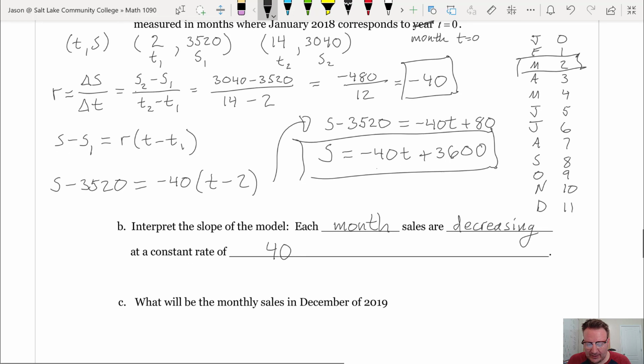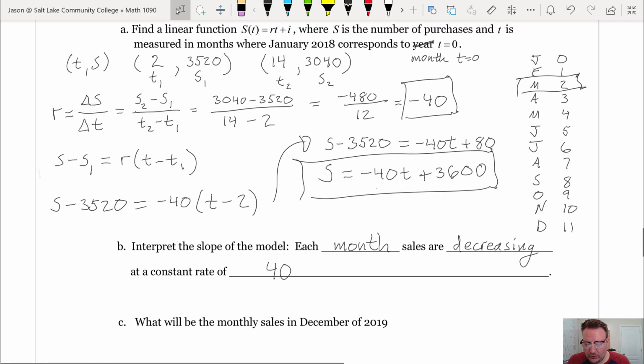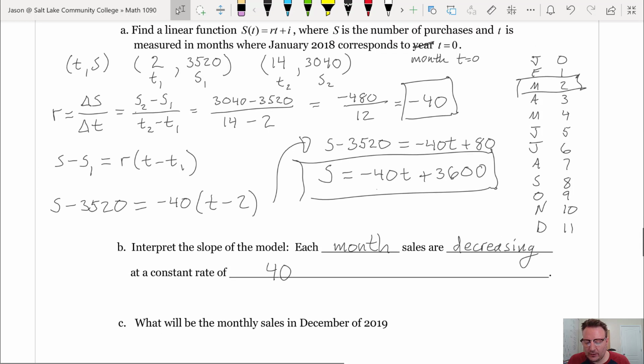Okay, part C. What will be the monthly sales in December of 2019? So 2019, that's a full year after January of 2018, which is month 0. So how many months after January of 2018 is December of 2019?